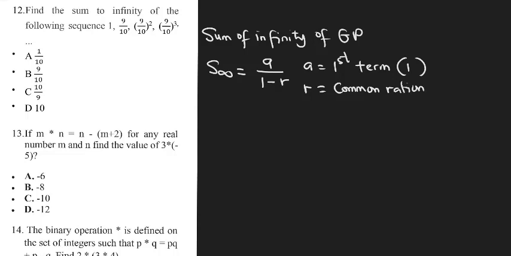And how do we find the common ratio? Of course, we divide the second term by the first term. So we're going to say this is same as 9 over 10 divided by 1, right? This is the second term divided by the first term. Balance this with 1, which is same thing as, how we're going to go about this?